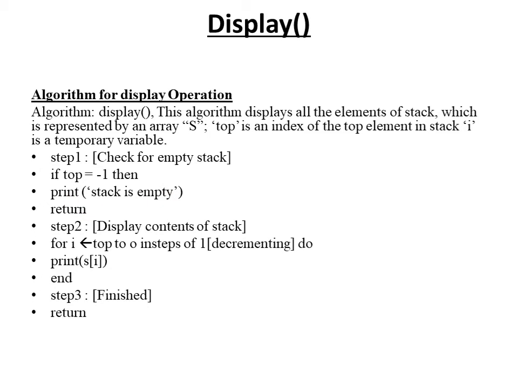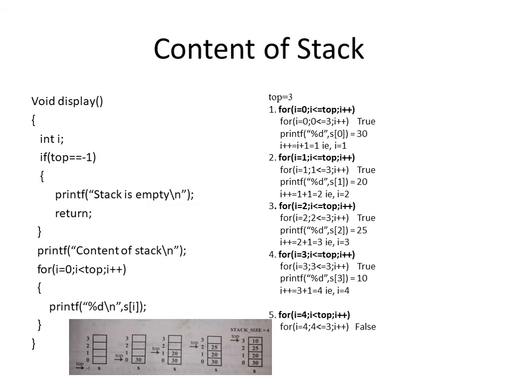Then return. Step 2: display the content of the stack. For I equals top to 0 in steps of 1 decrementing, print S of I, or we can initialize I to 0 and increment. Then step 3, finished and return. I will explain in the next slide.